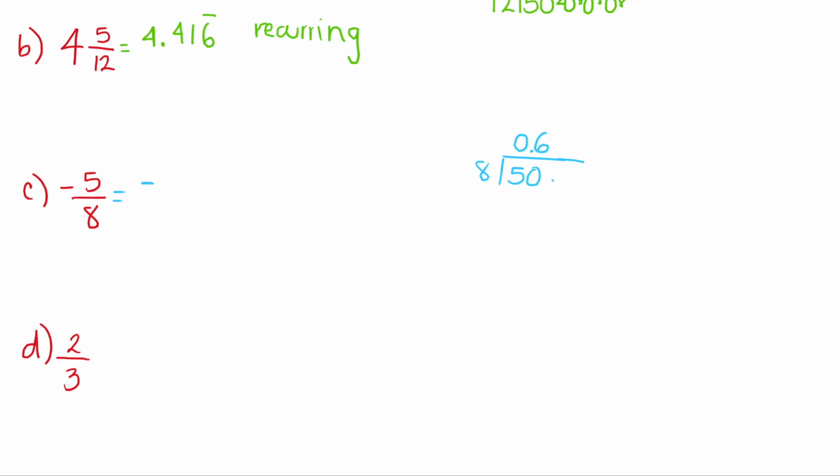So 6 times 8, 48. So take away. I have 2 left, and then I put my 0. So it's going to go twice for 16, and then 4 leftover, and I put a 0, and then it's going to go 5. And that's exactly because 8 times 5 is 40, so I don't have anything remaining.